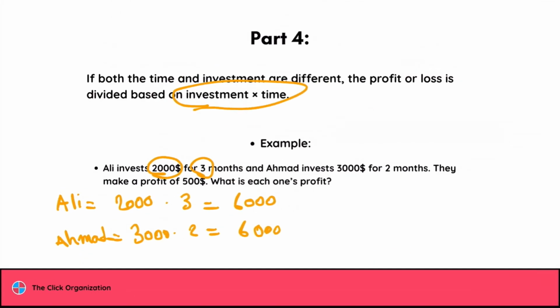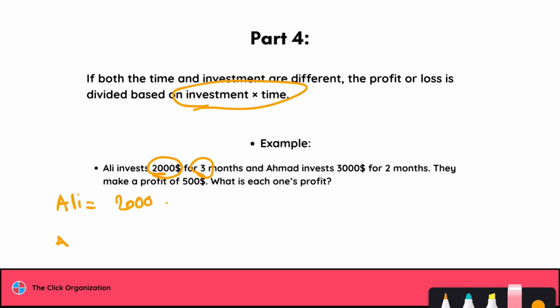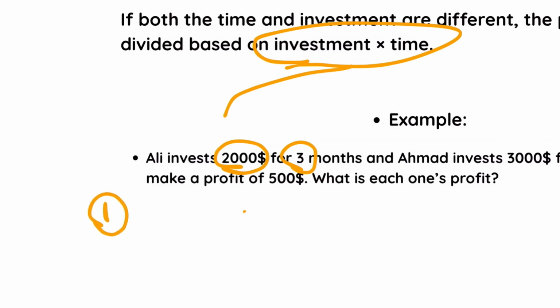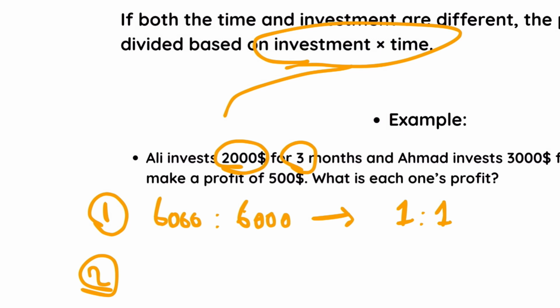So now that we have the results of multiplication, which both are 6,000, let's do the proportional division parts again. So the first part, 6,000 to 6,000, both can be simplified to 1 to 1, right? The second one, adding 1 with 1.